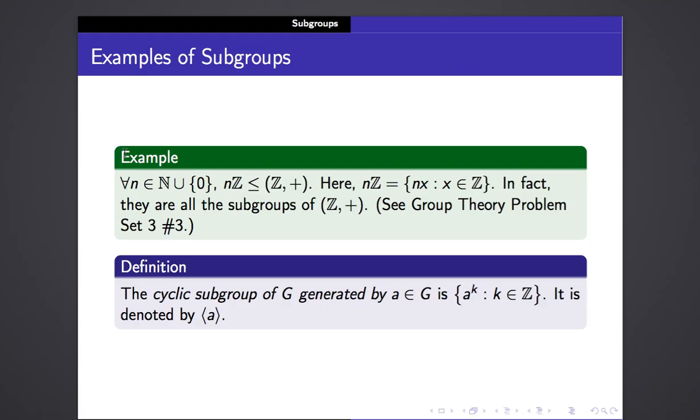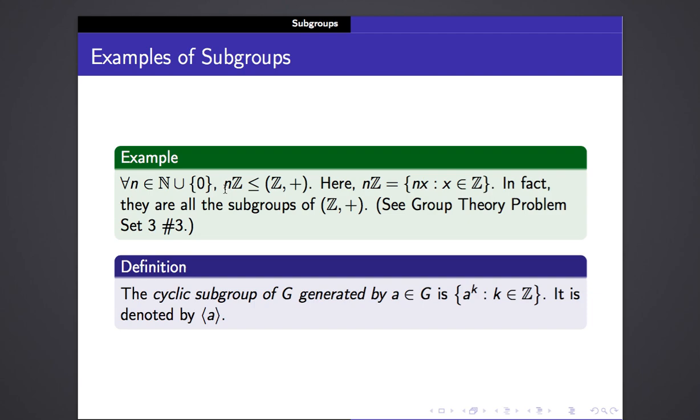All right, now let us take a look at some examples of subgroups. So first example: for any non-negative integer n, so zero or positive integers, nZ, where Z is the set of all integers, is a subgroup.